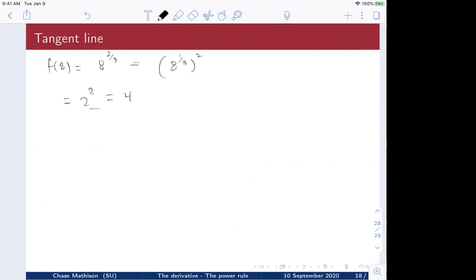So we just showed that the point 8, 4 is on the line, and we know that the slope, which again is just the derivative at x equals 8, is 1/3. Okay, so then I can use my point-slope form of a line to say that my final answer is what? Who can tell me what to write here?